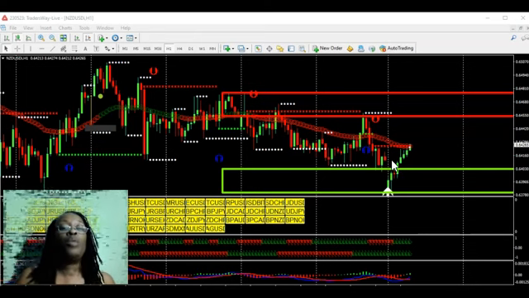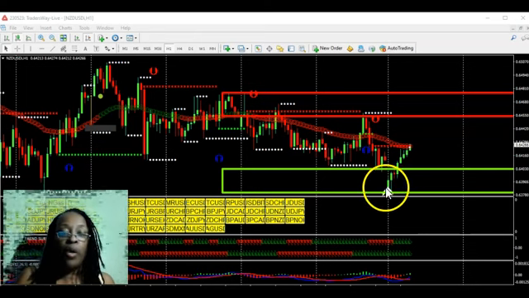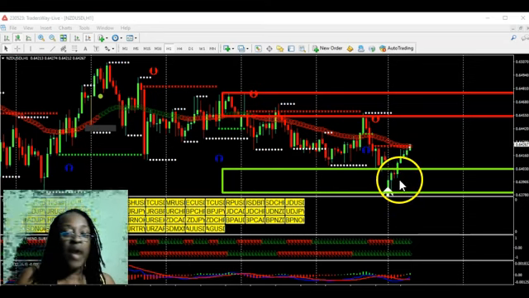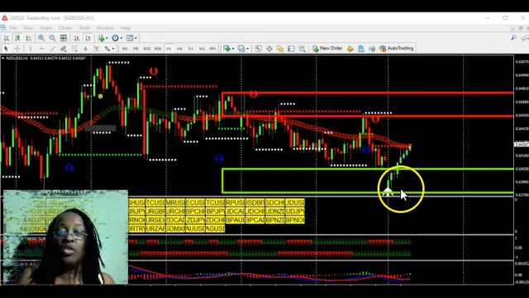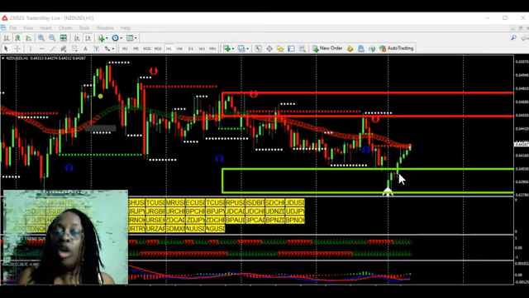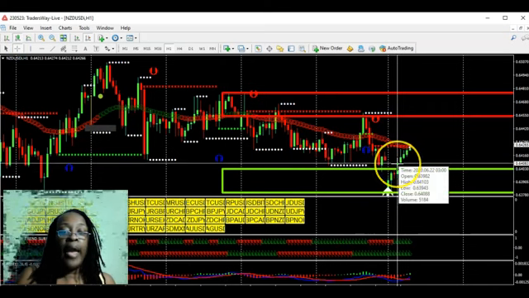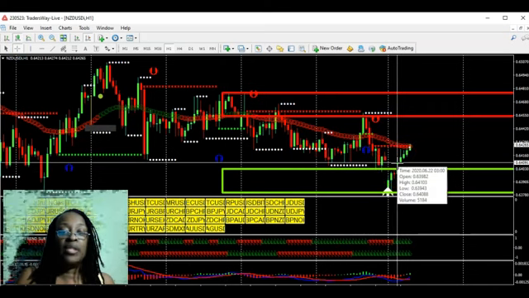Now, when price enters into the zone, and of course it starts to make its way out, everything is fine. We're not doing anything until when? Until it comes out, right? Once it comes out and it closes, we're going to take our crosshair and put it at the close of that candle.